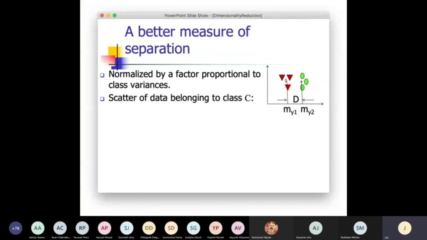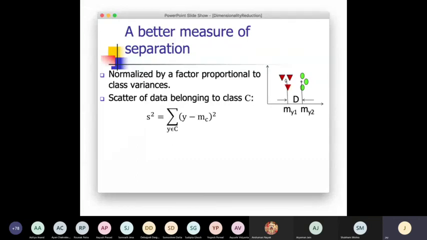So there is a term called scatter of data that belongs to a particular class C. Now this scatter is nothing but a measure of variance. Only thing is that it's a term used with respect to Fisher's linear discriminant analysis, because it has some advantage over mathematical notations later on.